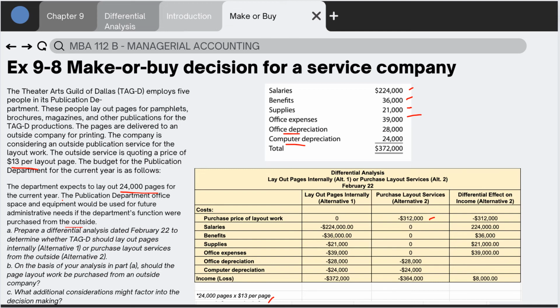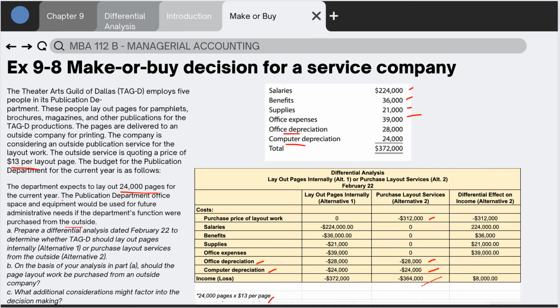And as mentioned, for the office depreciation and computer depreciation, regardless of whether the layout is done internally or purchased outside of the company, we will still have the same amounts of $28,000 and $24,000. So that is a total cost of $364,000 if we're going to purchase the layout services.